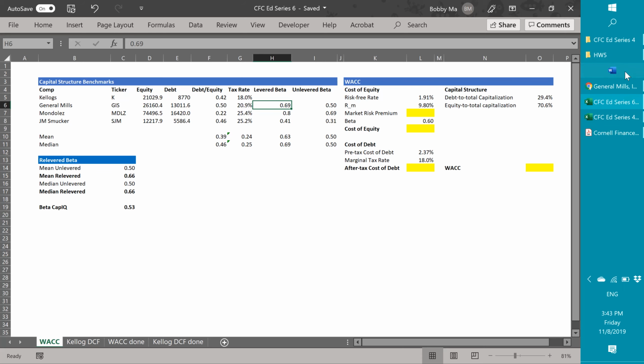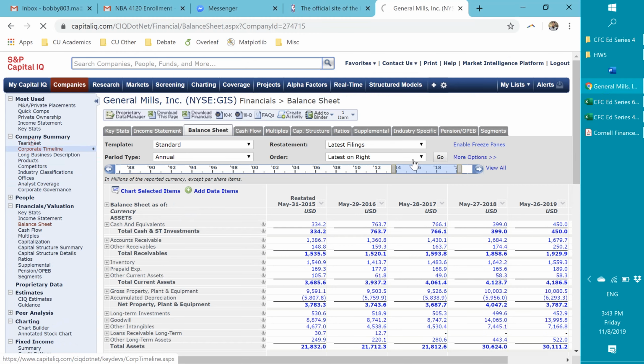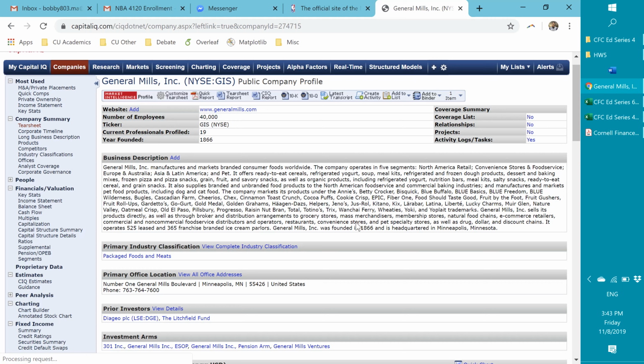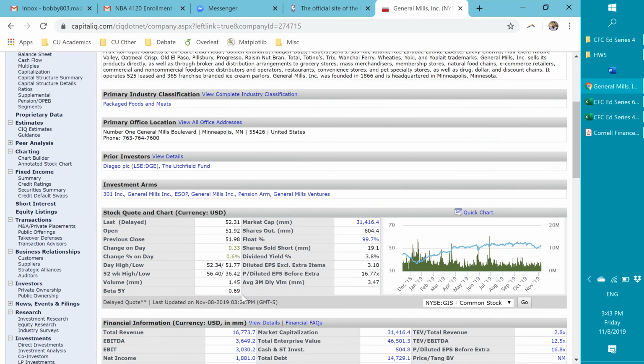Where I got this 0.69 is, again, your tear sheet is your best friend. A tear sheet just means you're summarizing the company's stats. So you can see that their beta is 0.69, and 5Y I believe means 5 years, so this is looking at historical data over the last 5 years.